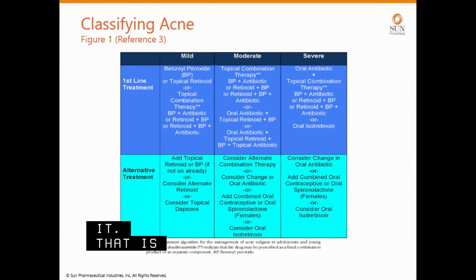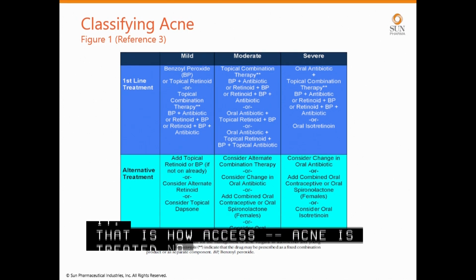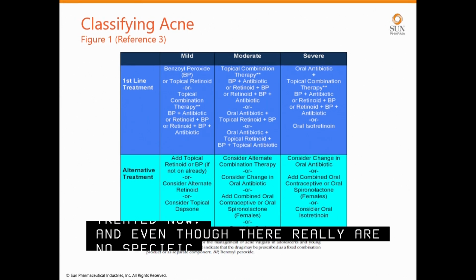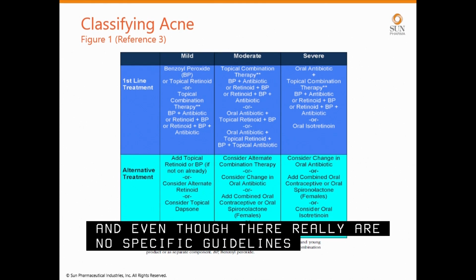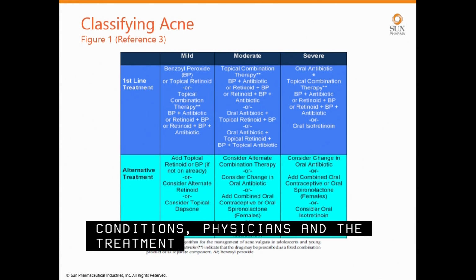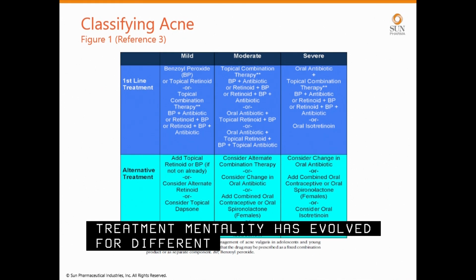So you can see, even though there really are no specific guidelines, joint counts, for example, in the rheumatological conditions, or other conditions, physicians and the treatment modalities have evolved for different treatments for mild, moderate, or severe disease within their own important roles, but also having more follow-up.